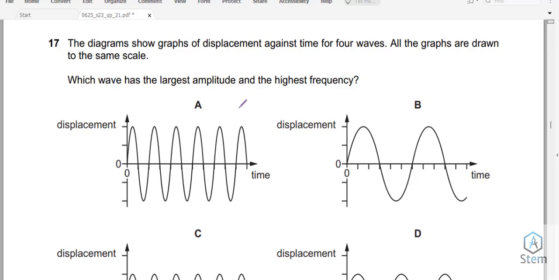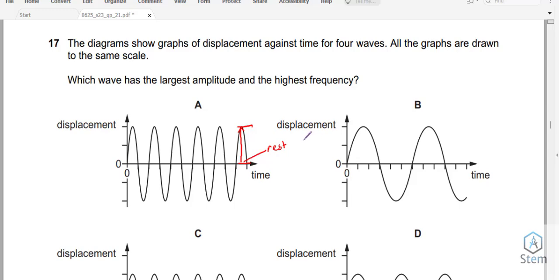Number 17. The diagrams show graphs of displacement against time for 4 waves. All the graphs are drawn to the same scale. Which wave has the greatest amplitude and the highest frequency? Amplitude, we are looking at distance from the resting position to maximum displacement. So this is the amplitude here.